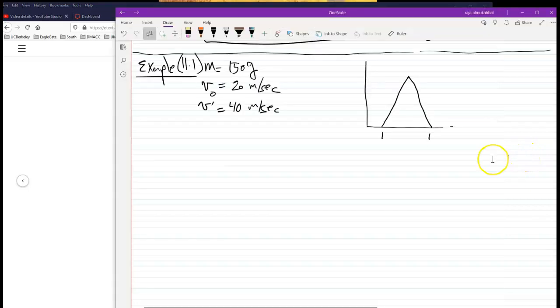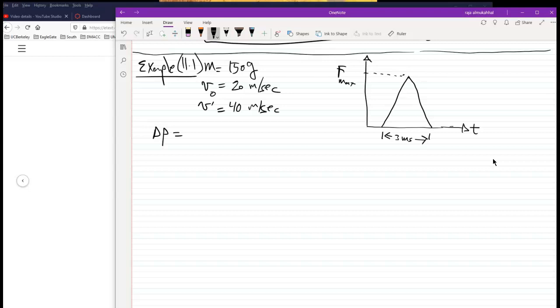So 3 milliseconds here, and this is F max. This is the force function, and that's the time axis. You got that?